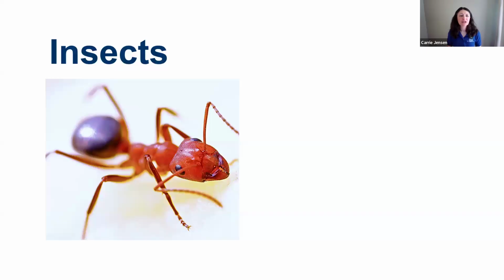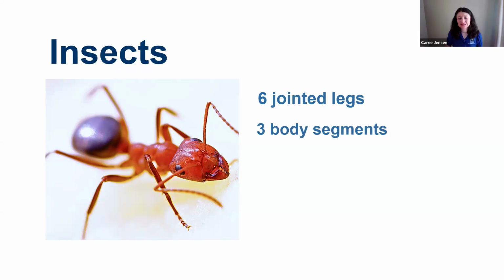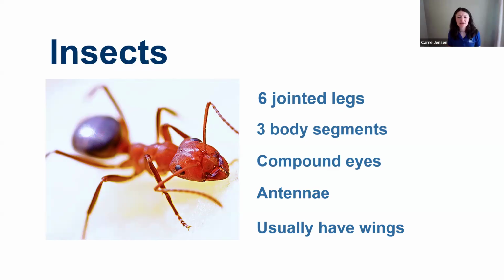Today we're looking at a class underneath arthropods: insects. Insects are distinguished by having six jointed legs and three body segments, their head, thorax, and abdomen. They have compound eyes, antennae, and they usually have wings at one stage in their life, usually when they're adults.